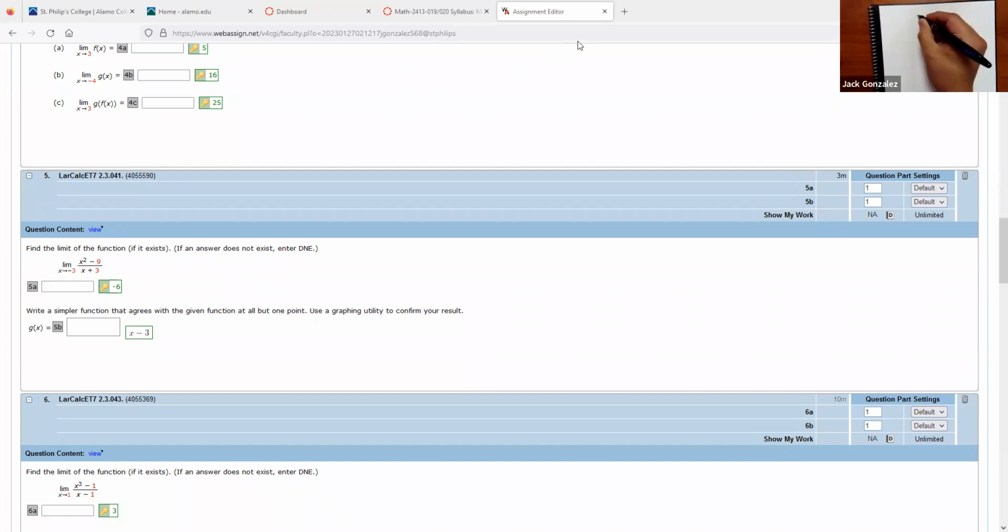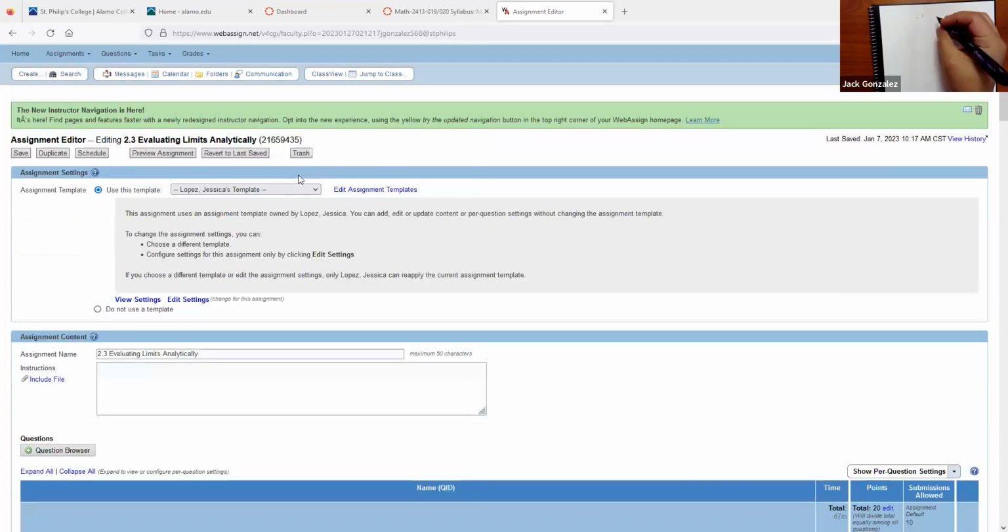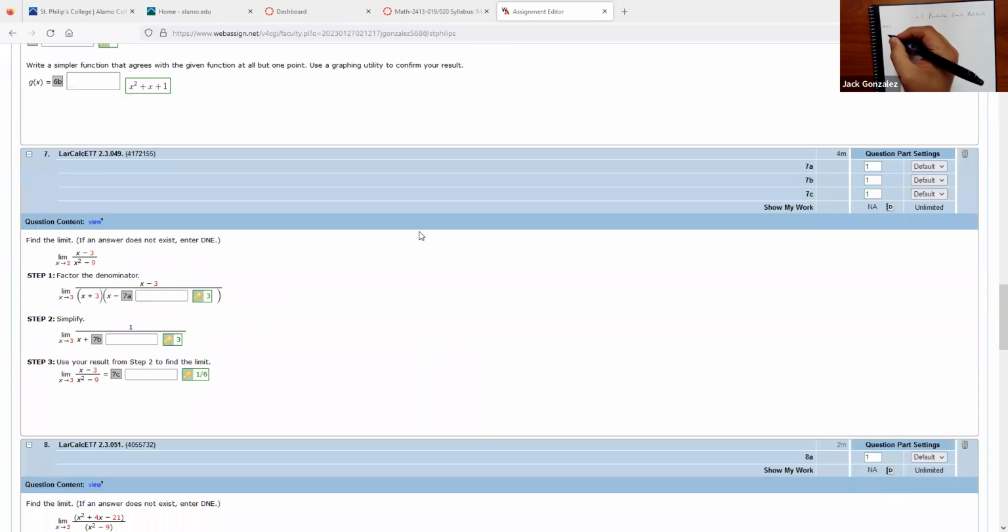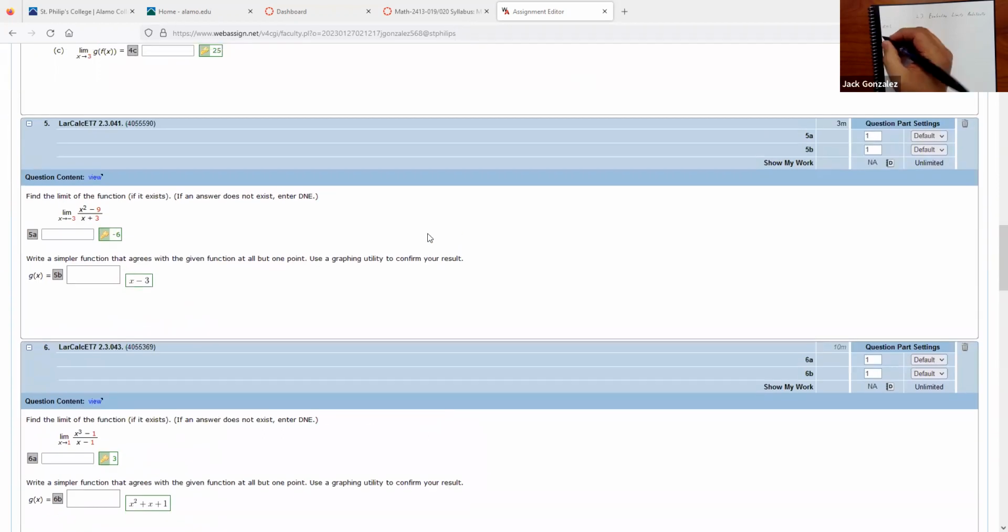So this is 2.3. You got the name of the section. Evaluating, and I'll switch over in a moment. Evaluating limits. Okay. The first example is number 5.